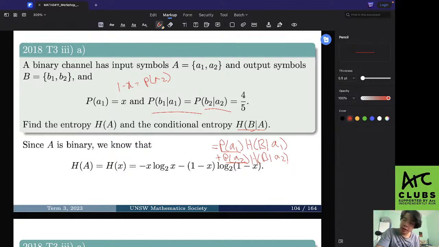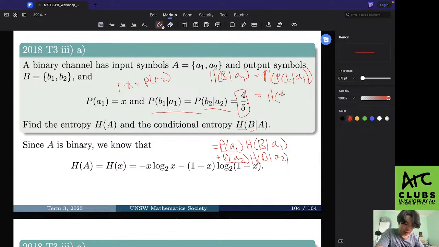And the entropy of the output given A1, since that's a binary channel, we actually realize, hey, this is equal to the entropy where the probability is B1, given that we know that we're getting A1, which is just 4 over 5.